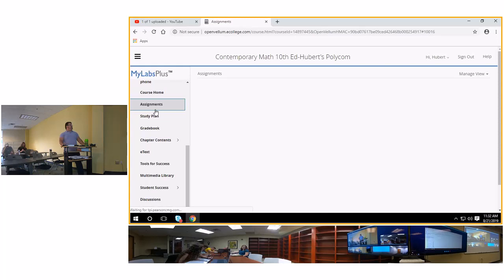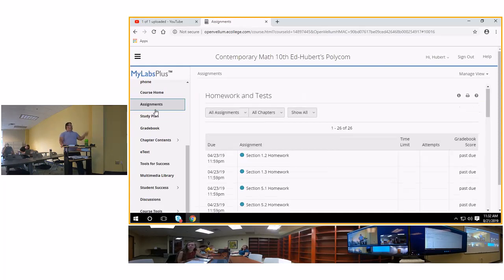Now, let me ask you a question. You have 5 people up there. We'll start with the lady in blue on your left. Have you ever used MyLab Plus before? No. What about the lady at the end of the table? No. The guy in yellow? I have.